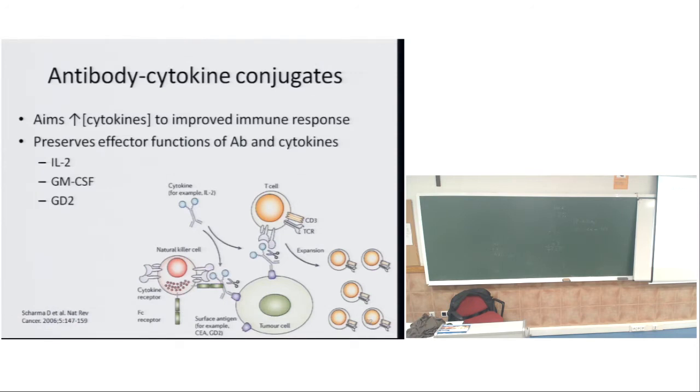So here you can see, for instance, an antibody combined with interleukin 2. When this is cleared, it will release this interleukin 2 that will attract other immune system cells to where the tumor is, and then cause the expansion of these T cells recognizing the tumor antigen. Do you understand that?